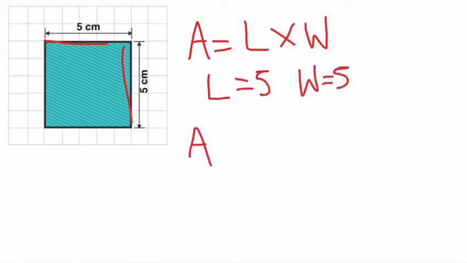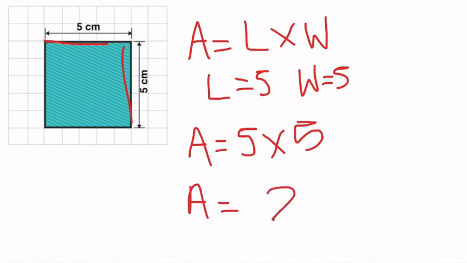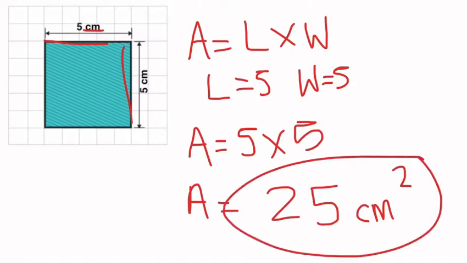So we know that area is equal to 5 times by 5. And therefore we know that area is 25. Now the unit for area is going to be centimeters squared because both our length and width are in centimeters. So overall we know that the area of our square is 25 centimeters squared.